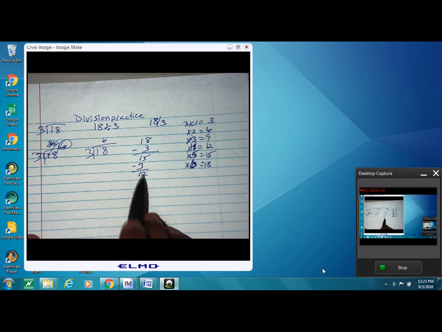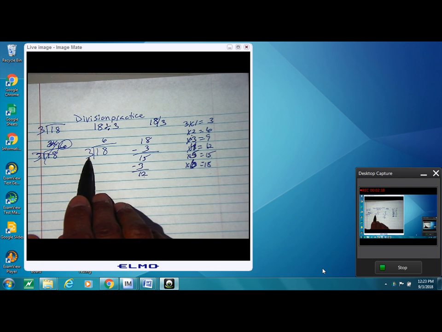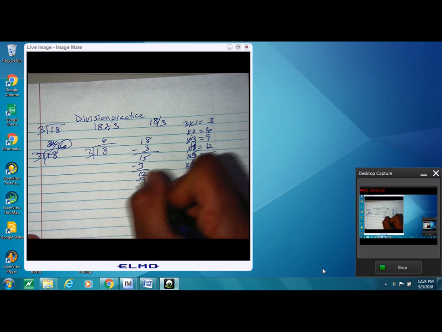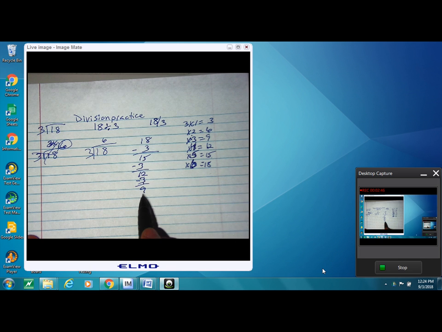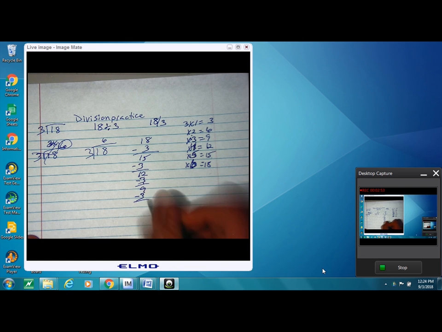Now, each time you get an answer, you have to ask yourself, can I take away this number again? In this case, it's 3. Can I take 3 away again? And the answer is yes. 12 minus 3 is 9. Now I landed on 9. If I have 9, can I give away 3? The answer is yes, and so you do it.